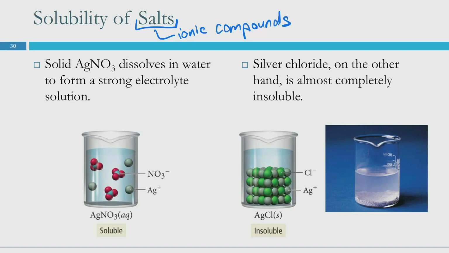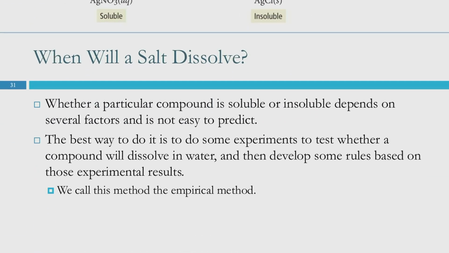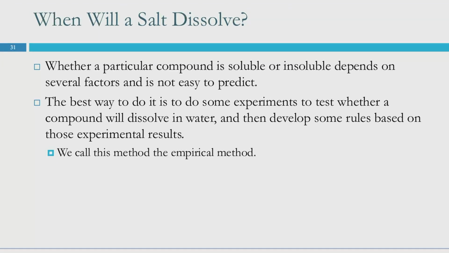Experimentally, people have determined this. So they've dissolved silver nitrate and they've put silver chloride in water and it doesn't dissolve. How we can tell whether a salt will dissolve or not is either with experiments or with a solubility table.